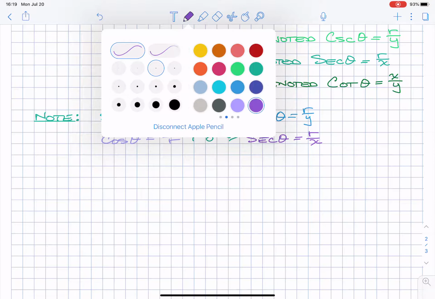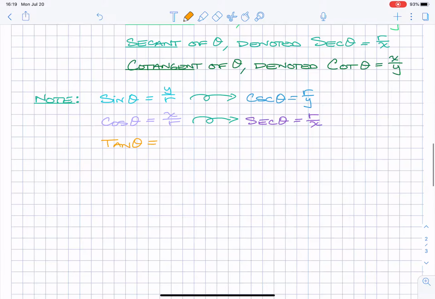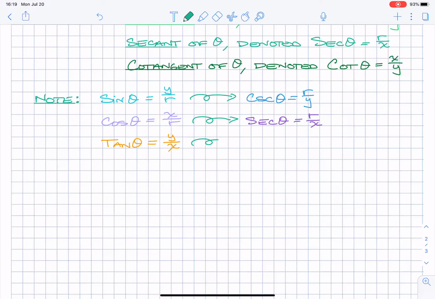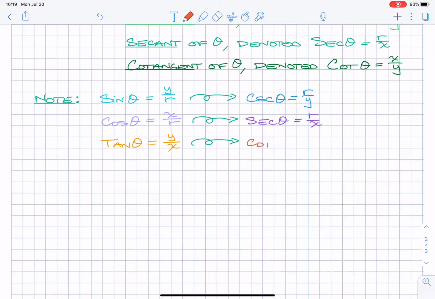Then finally, let's do tangent of theta, which is y over x. Notice it's just the quotient of the two above it. And if I flip that upside down, the reciprocal of tangent is cotangent of theta, which gives us x over y.